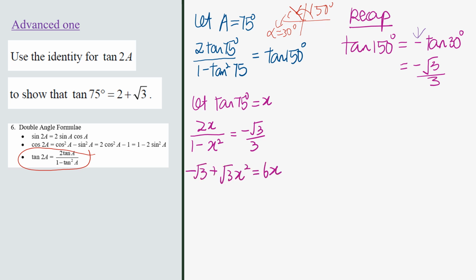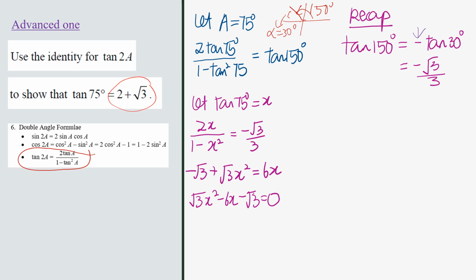Then you bring everything to the left hand side to form a quadratic equation in terms of x. And of course here, the only way to solve it is to use the quadratic formula. You can't factorize this using your calculator or using the cross method. Because if you look at what you're supposed to find, it's in terms of surds. That gives you an idea that you have to use the quadratic formula.